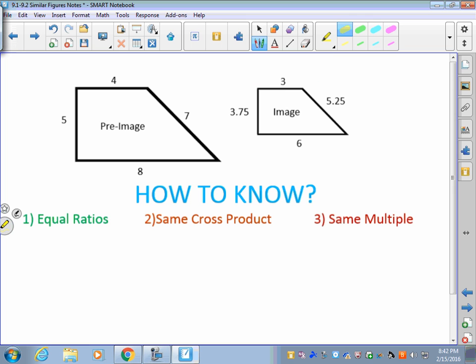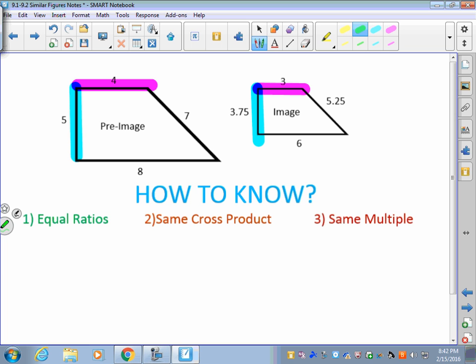So I'm going to highlight these. If I'm looking at the top base of the trapezoid, well, the top base of the other trapezoid is this. So the 4 correlates with the 3. Then if I look at the height of the trapezoid, that's the distance between the bases. That would be the 5, and that correlates with the 3.75.